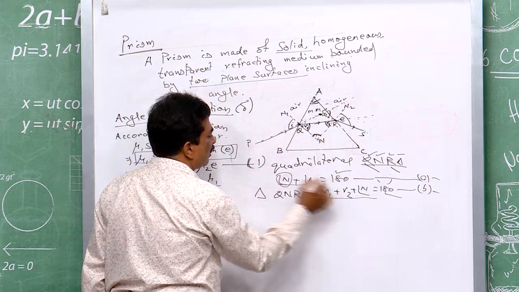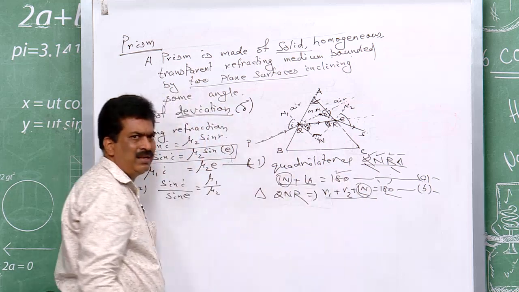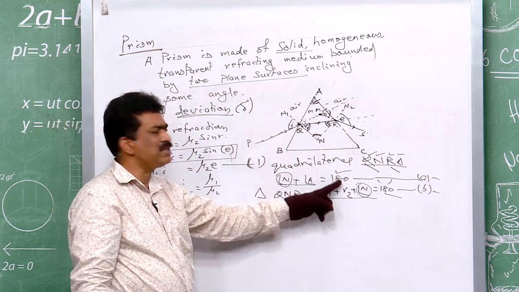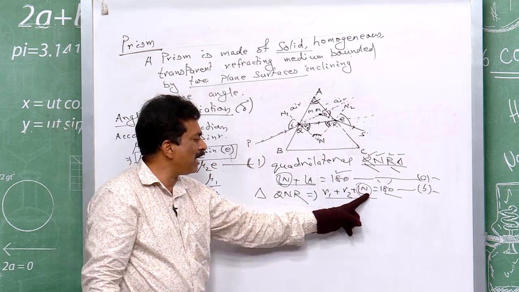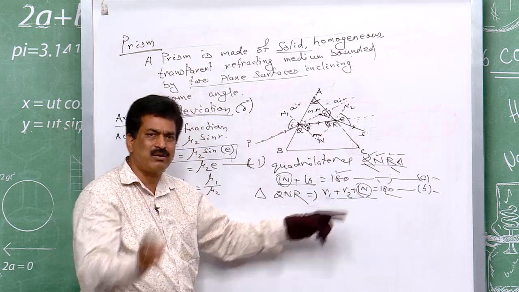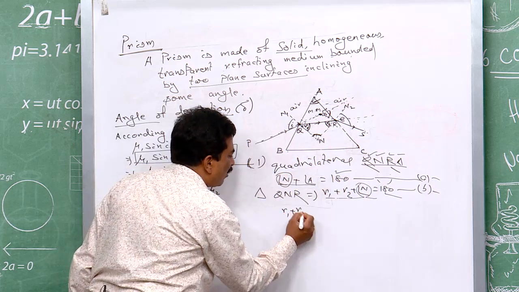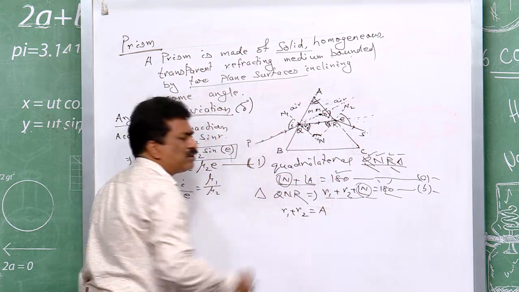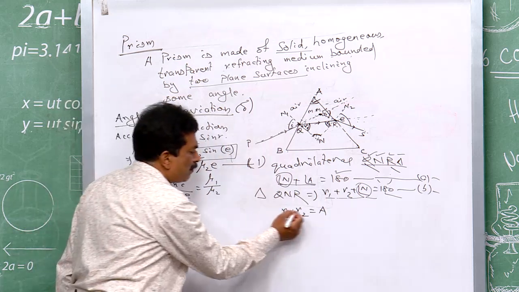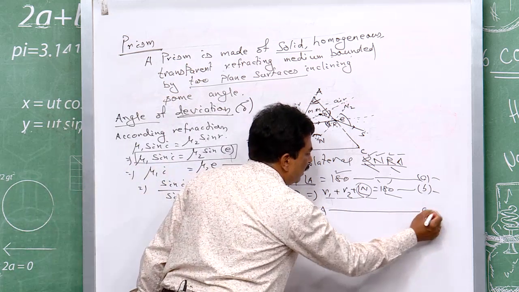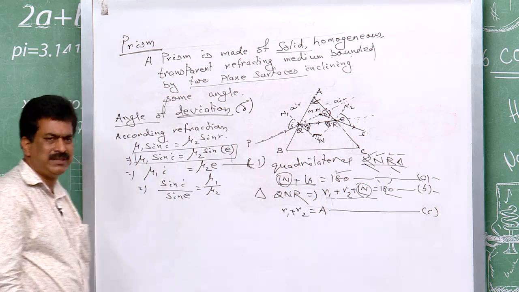The common term is the measure of angle N. So angle N plus A is equal to 180 degrees, and angle N plus R1 plus R2 is equal to 180 degrees. Comparing these two, we have R1 plus R2 is equal to A. Say this is C.